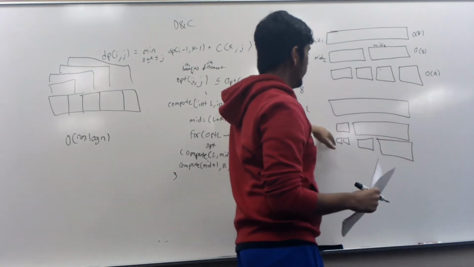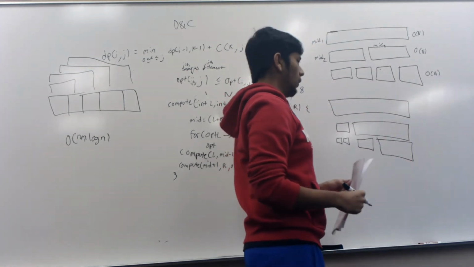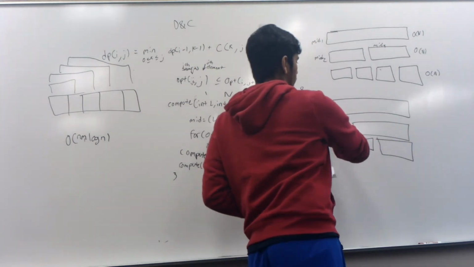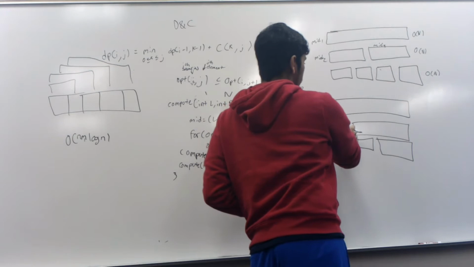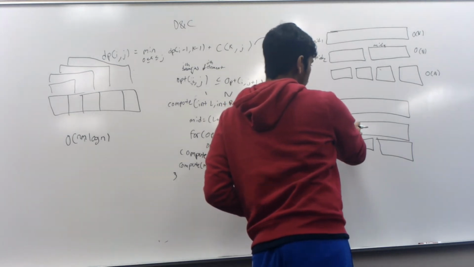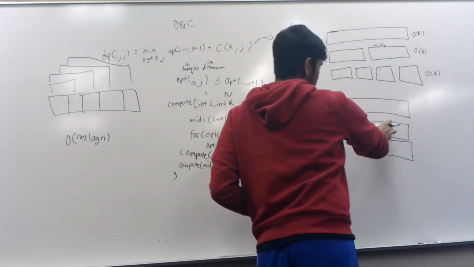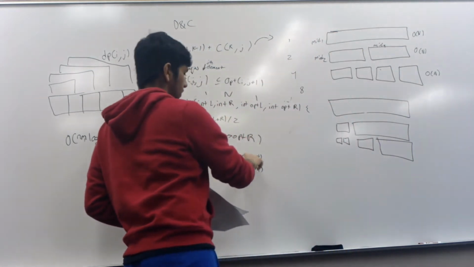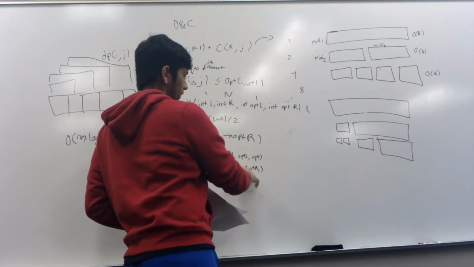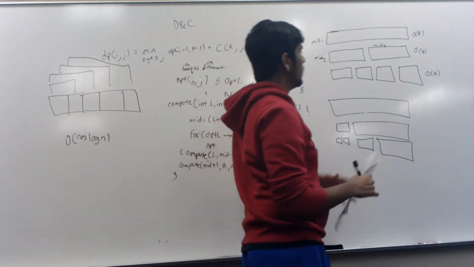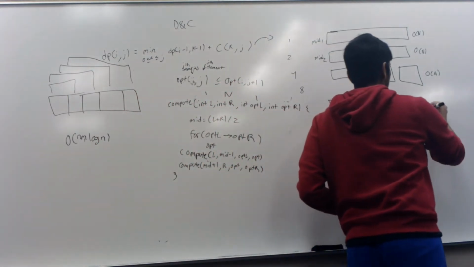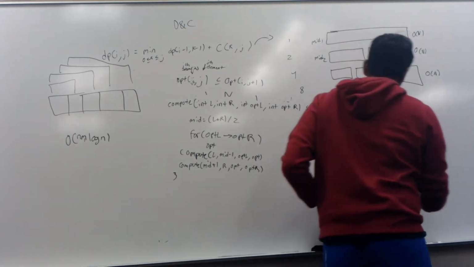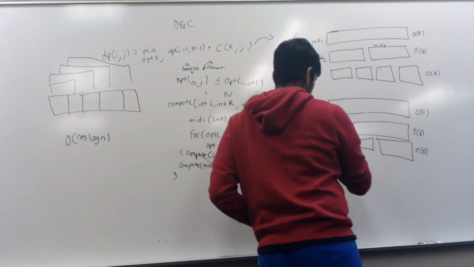These are not even, but they still take O of n time in total. This mid only gets access to this range to loop over, and this mid only gets this range to loop over. That's why in our conditions we set the bounds for these like this. So this still only takes O of n time per layer, and that's still O of n log n.